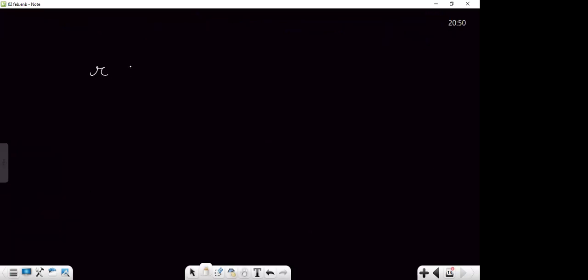So we know R's range is from 0 to n, and they are natural numbers like 1, 2, 3, 4, 5, 6 till n. Here n is 1000. So R's value can be, yes, even 0.